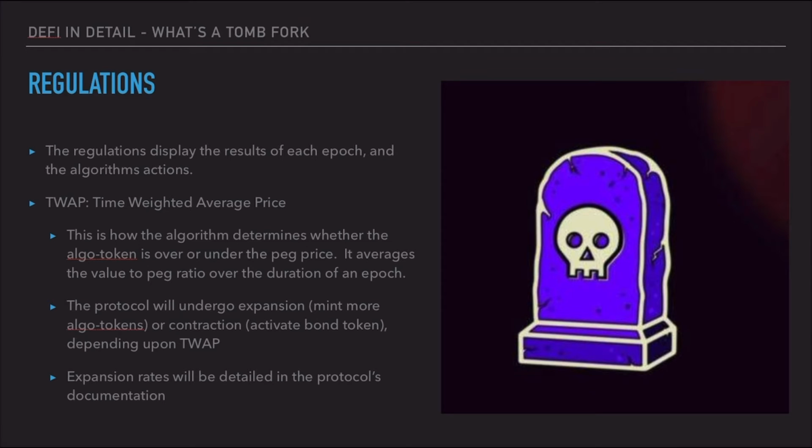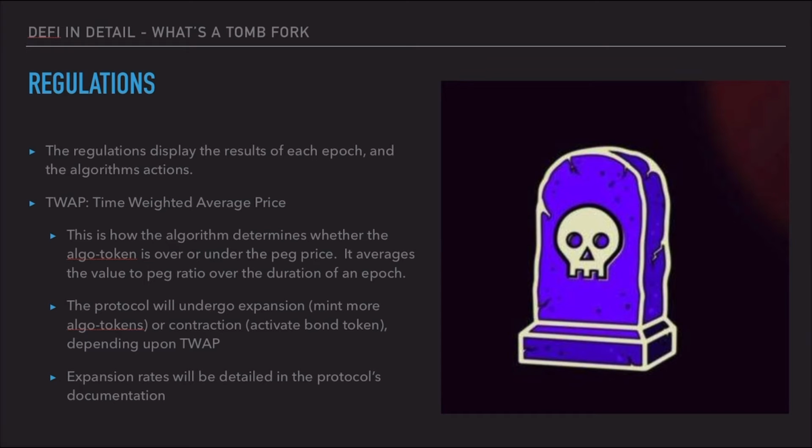And as you see there, in expansion, the protocol will mint more algo tokens. It will increase the supply. Or in contraction, it will activate the bond token. I have another video on this mechanic specifically, the algorithm, the peg and U. Essentially what you need to know here is in contraction, the boardroom is not printing any more algo tokens because we are under peg.